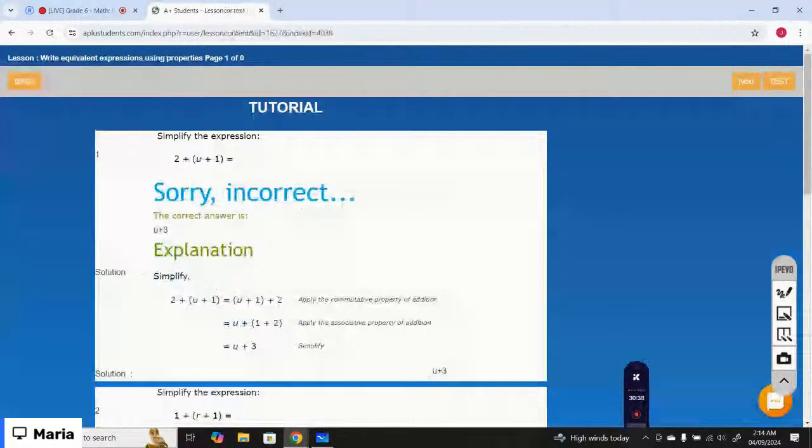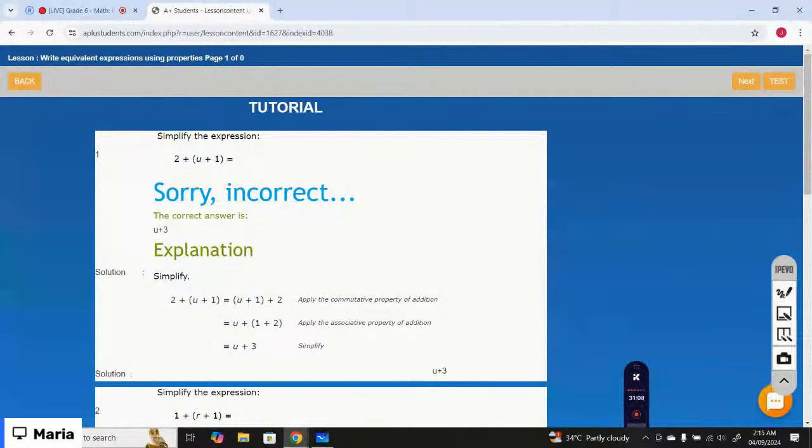Let's start with the first example: simplify the expression 2 plus u plus 1. Which is the correct option? You have to add, right? Just remove the braces and add.